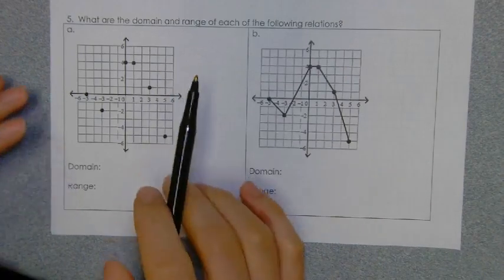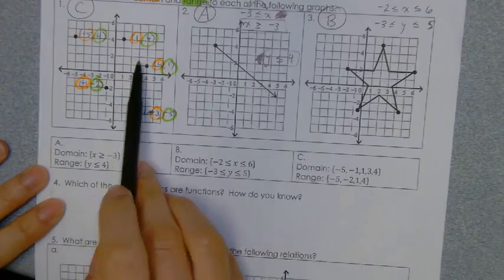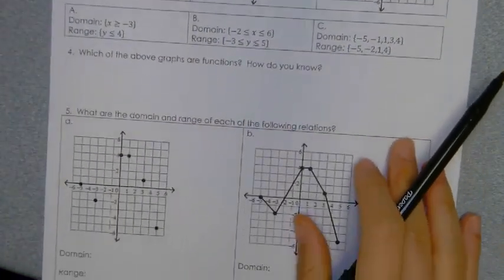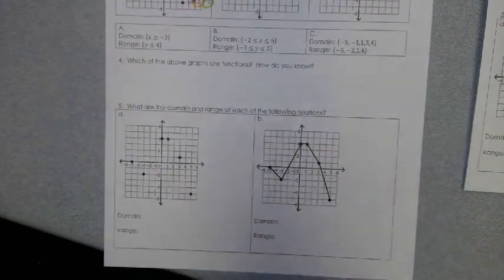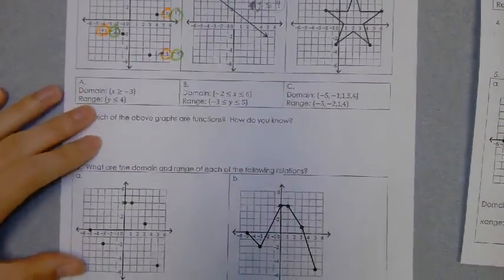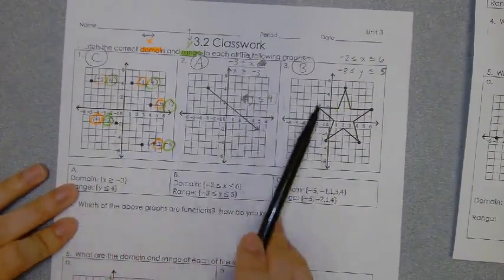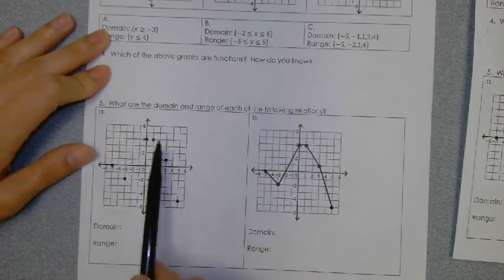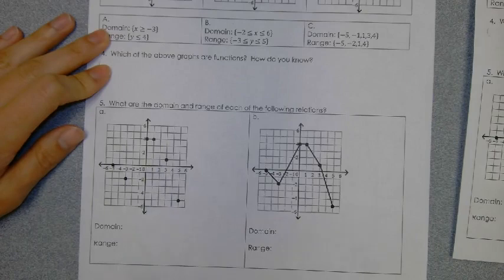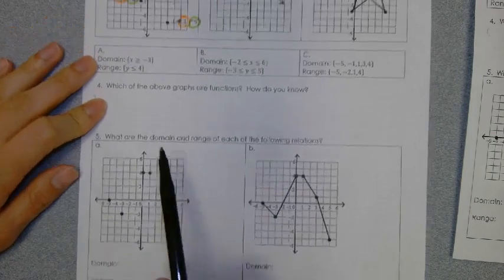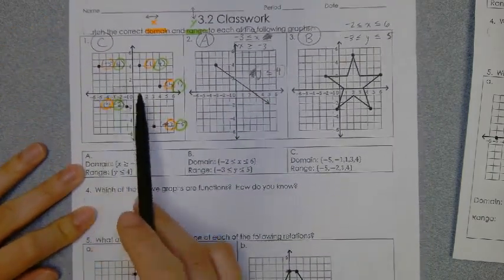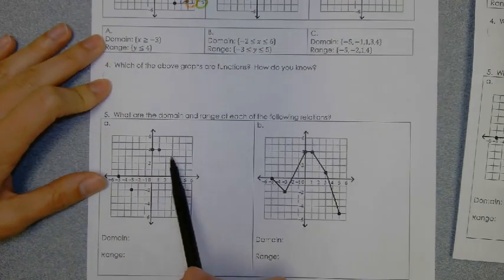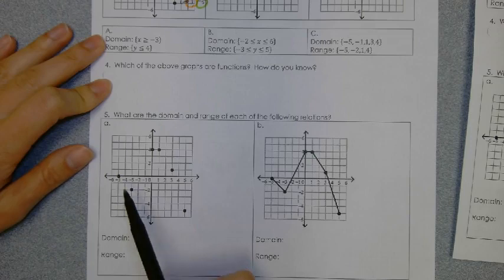Let's see if we can use one of the examples at the top to help us. Which graph here is similar to this problem? That's right. Graph number 1 is similar to this graph in that all the points are separate.